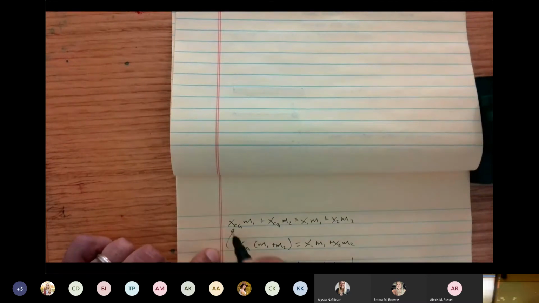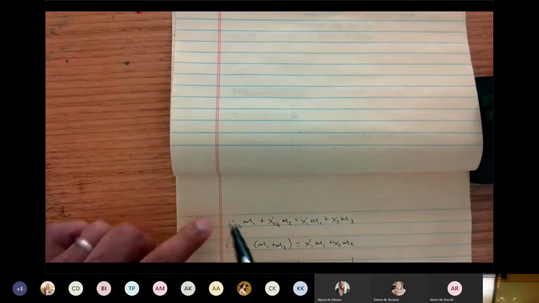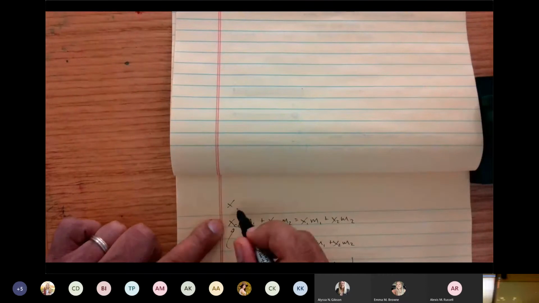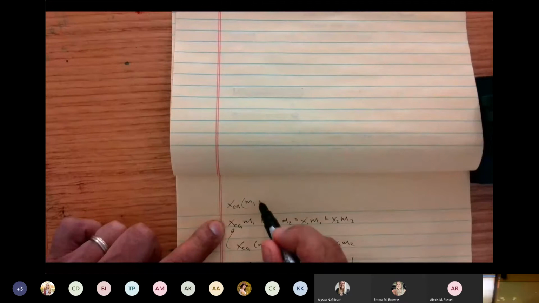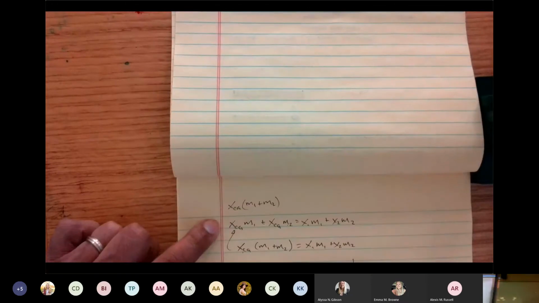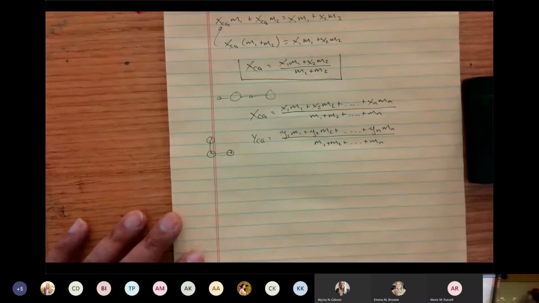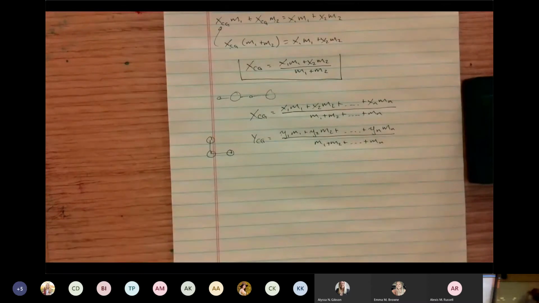So I'm just saying, okay, I have xcg equal, common to the two elements. So I'm going to have this, and then I have m1, and then I need to add the other m2. Okay. Yeah. Gotcha. Makes sense?